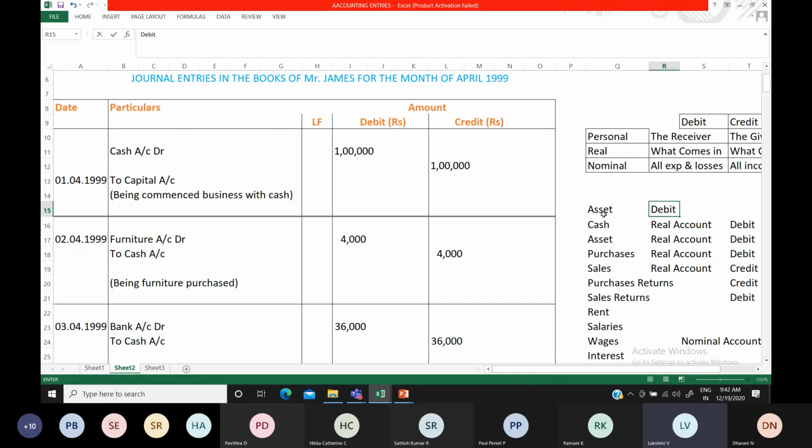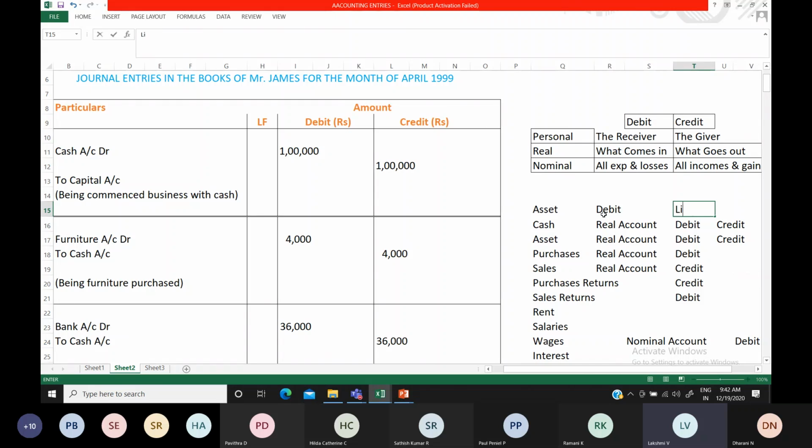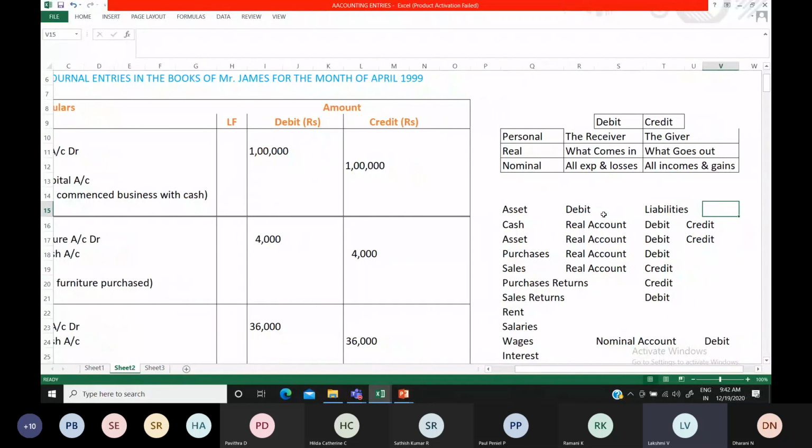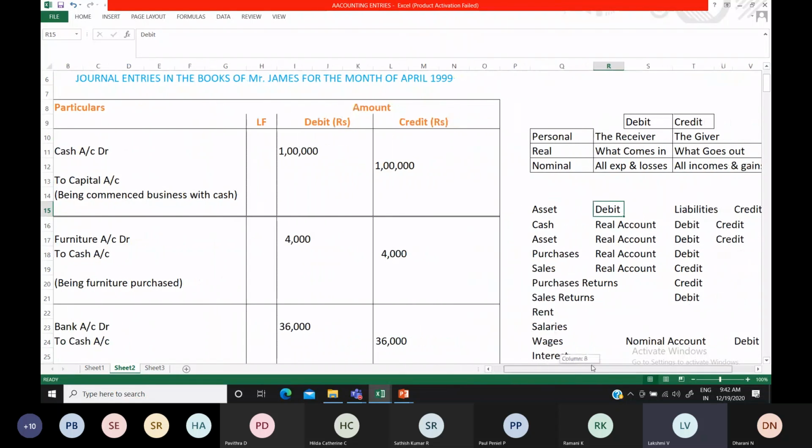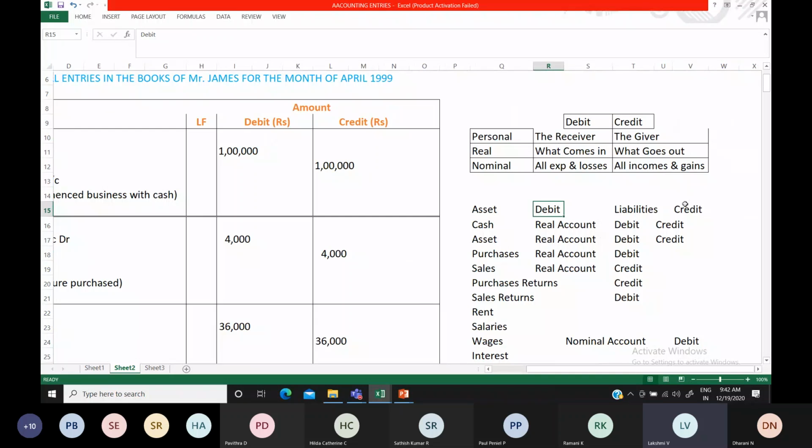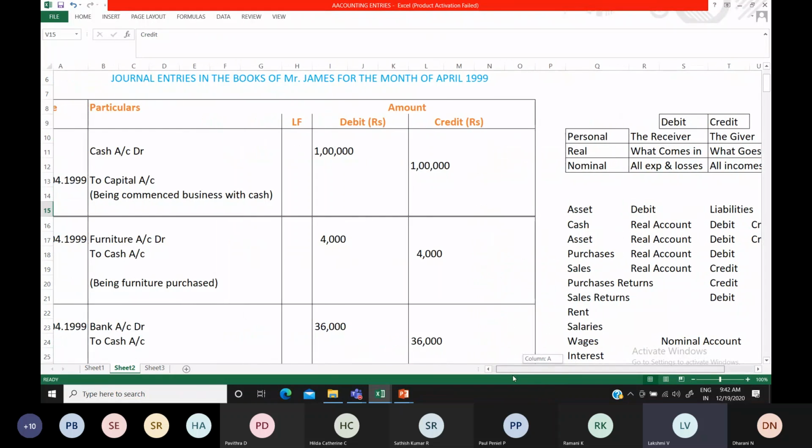If you have some assets in your hand, you will be debiting that. Any kind of liabilities, you will always be crediting that. Okay, so that you have to remember. Any kinds of assets you have in your hand, if you are purchasing something, you have to debit only. And liability similarly will always be credited only. So keep this also in your mind.